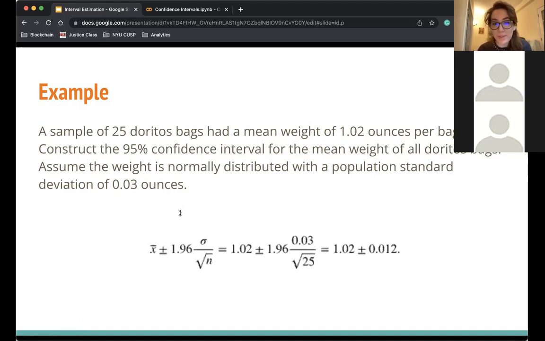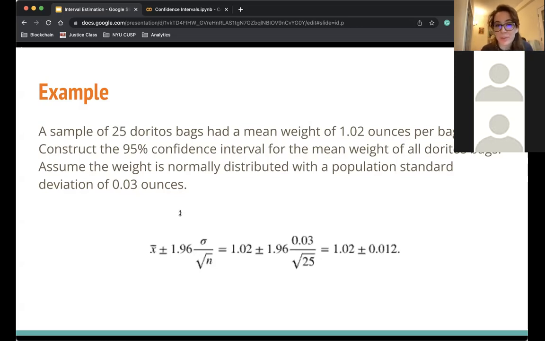Now we use the standard deviation and our sample size of 25, and we can say plus or minus 0.012 ounces around the mean. So the mean weight of all bags of Doritos falls between 1.008 and 1.032 ounces.